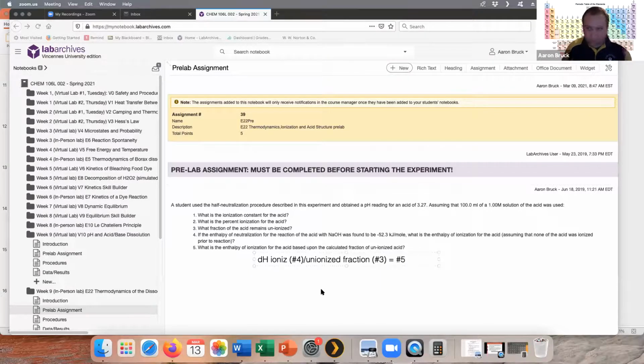So a lot of moving pieces and parts in this, but once we get into the lab itself, we can work through this. This lab's actually relatively straightforward and easy to do. And we get some pretty interesting data from it that go along with what we were talking about in that second half of that review that I did, where we're evaluating strength of acid based on structure.